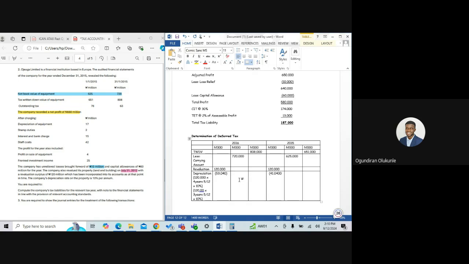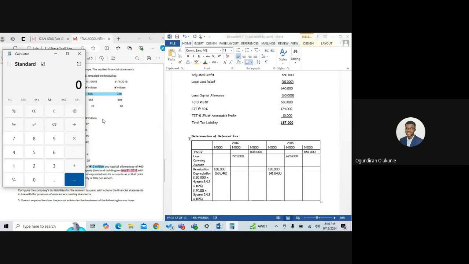Right, so here now you will have what? You can't have 200,000. Let's do it together this way. 5 divided by 12 is how much?